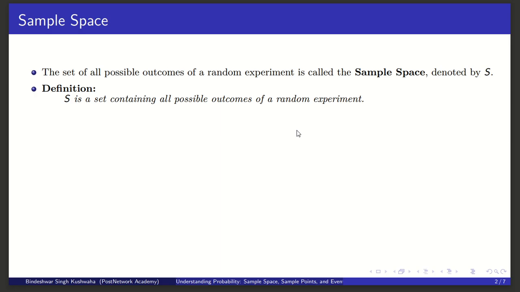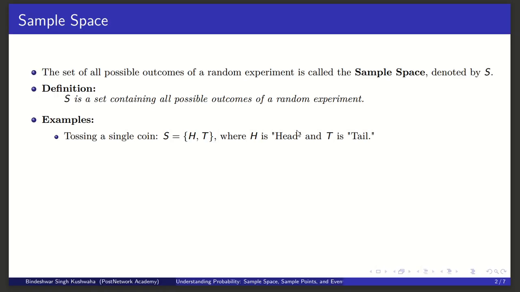S is a set containing all possible outcomes of a random experiment. So if you are performing any random experiment, it is the set of all possible outcomes. Let us see examples thereafter.